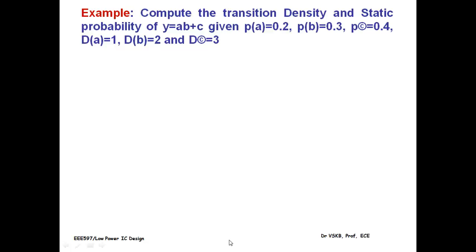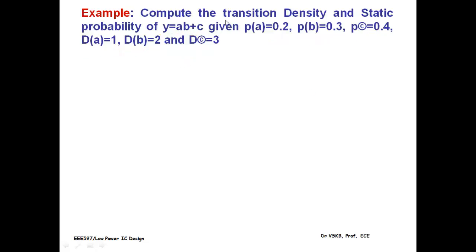And this is another example we would consider to understand whatever we have been studying so far. I would take the same example we have taken before, y is equal to AB plus C. Given the function, we have the values: P of A is given, probability of B at 1 is given, probability of C is given, and the transition densities of A, B, and C are also given.